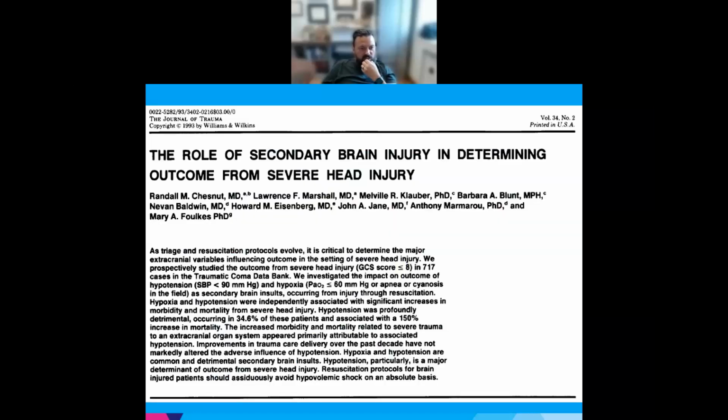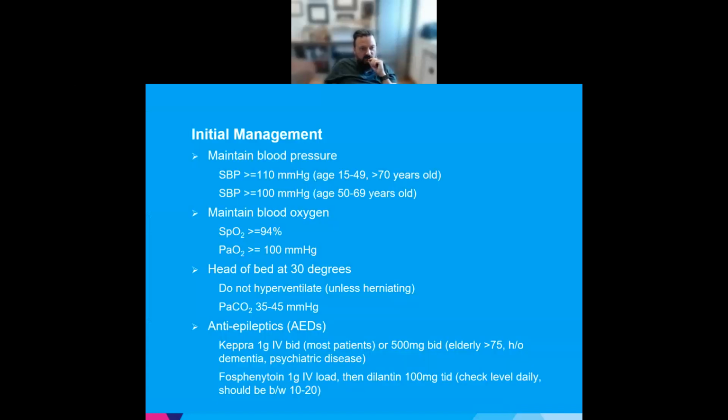And secondary injuries really impact the outcome of neurosurgical patients. There's been a lot of research on this, particularly in TBI and severe head injury. But basically, morbidity and mortality is dramatically increased when a patient has either hypotension or a combination of hypotension and hypoxia. And so that's generally what we're trying to avoid.